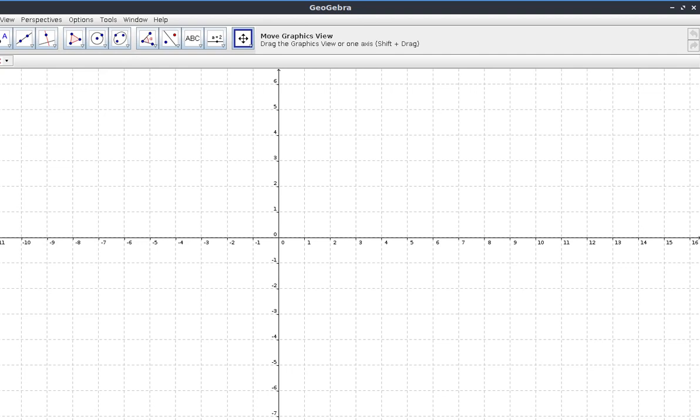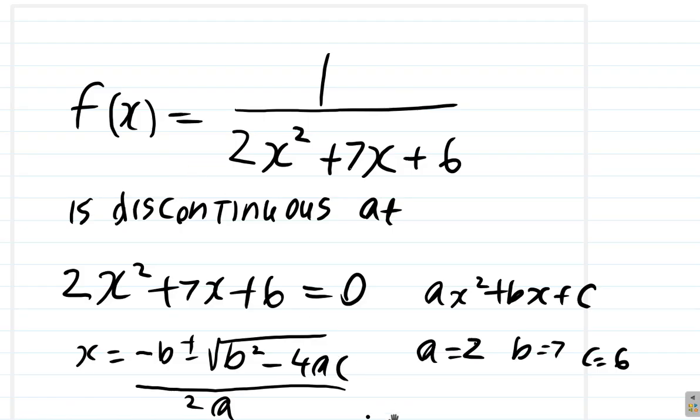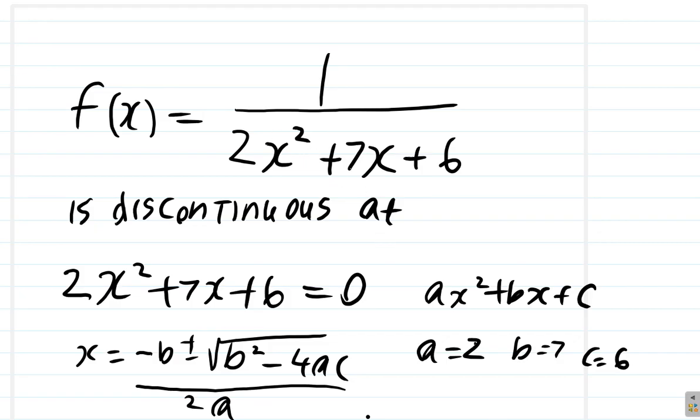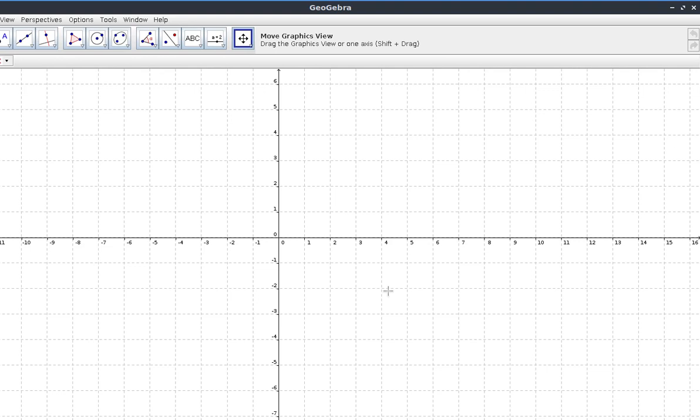Let me just type in 1 divided by, and then you have 2x raised to the power of 2 plus 7x plus 6. You can't see the box where I'm typing it in. It's a bit off the recording screen, but it's there. Enter. All right.